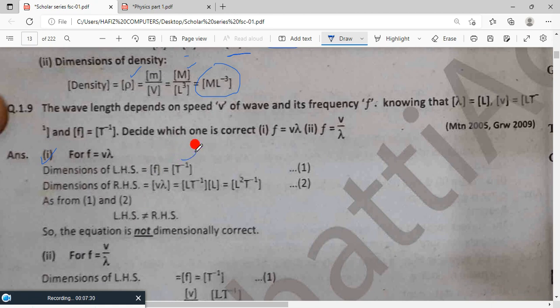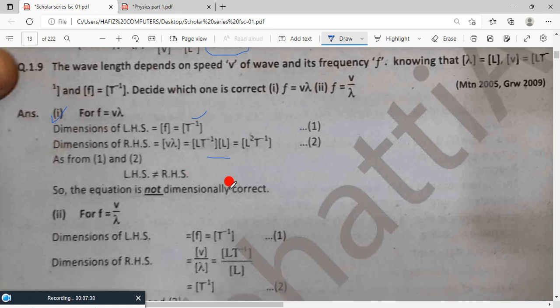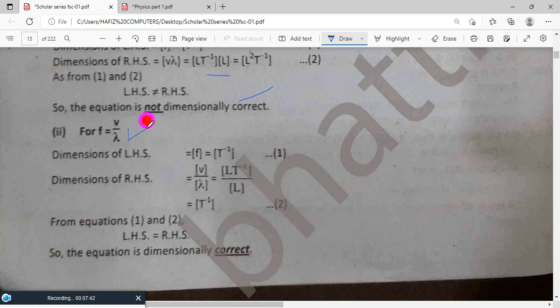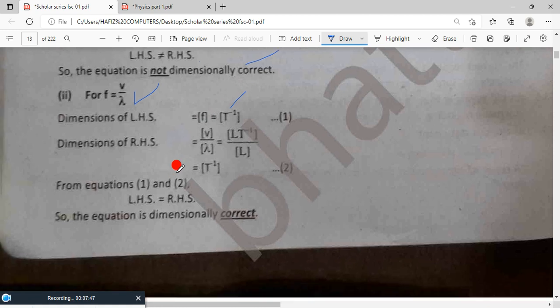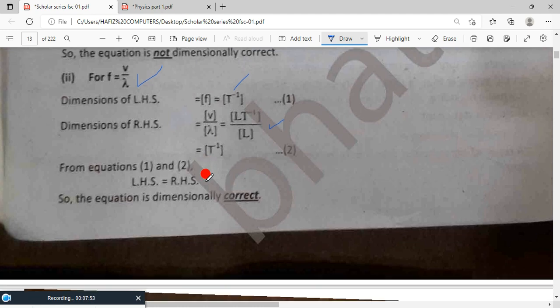Dimensions of the right hand side, v lambda, are LT to the power minus 1 into L. So this is not dimensionally correct because the left hand side is not equal to the right hand side. For f equals v over lambda, this is the correct formula. Left hand side f is T to the power minus 1; right hand side v over lambda is LT to the power minus 1 divided by L, which comes out to be T to the power minus 1. So this is dimensionally correct because the left hand side is equal to the right hand side.